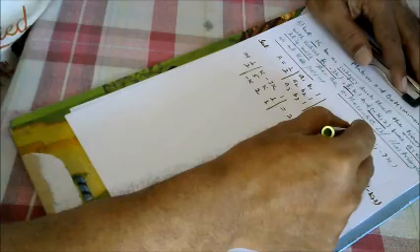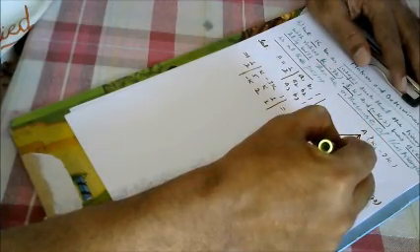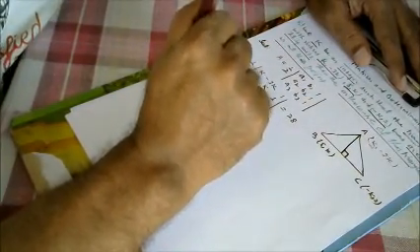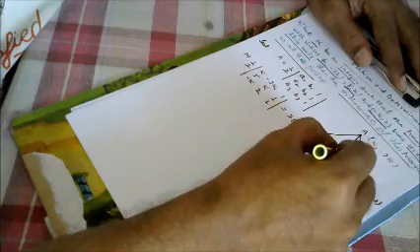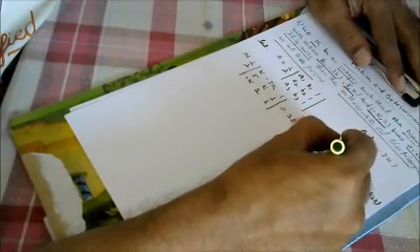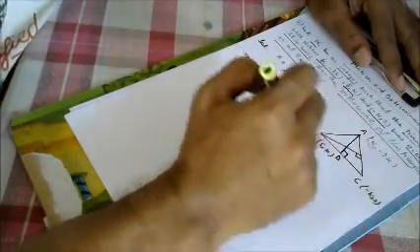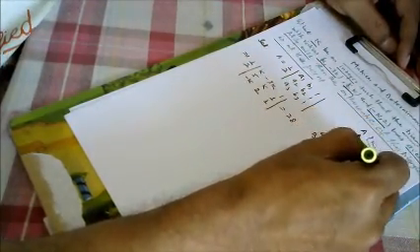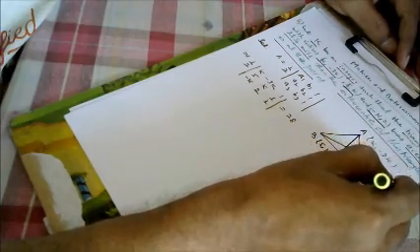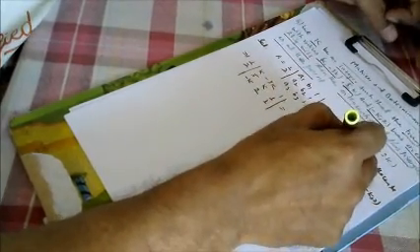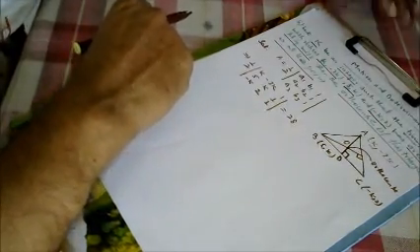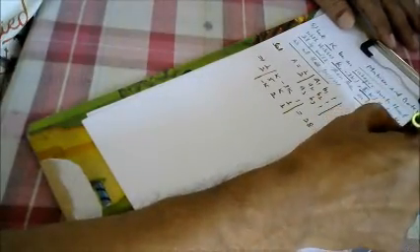Orthocenter means if a line is drawn perpendicular from a vertex to the opposite side, and then another one is drawn perpendicular to another side, the meeting point is called the orthocenter. We need to find the coordinates of this orthocenter O. So let us see how we are finding it out.